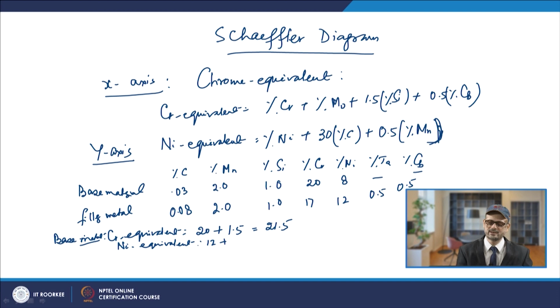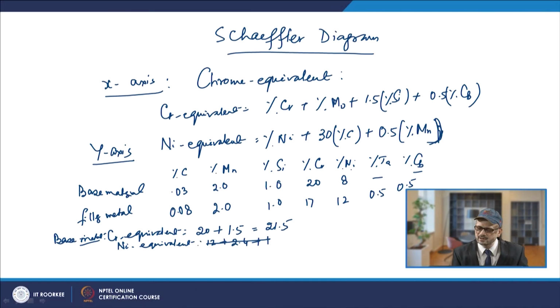Carbon is 0.08 and it is 30 times, so it will be 2.4, and then you have 0.5 times manganese. No, we are taking different values.